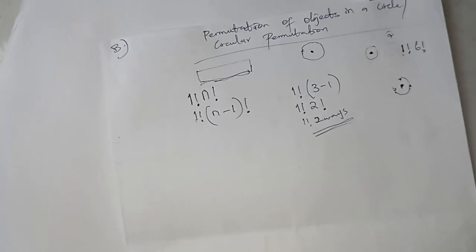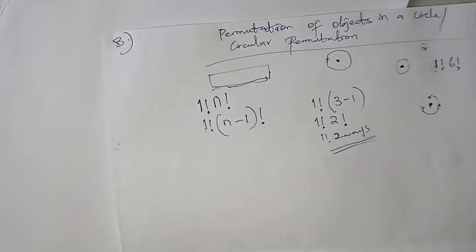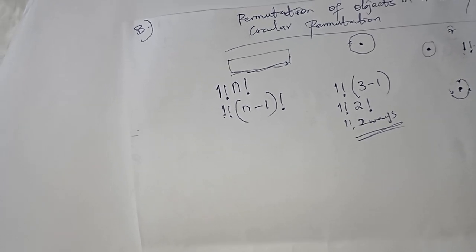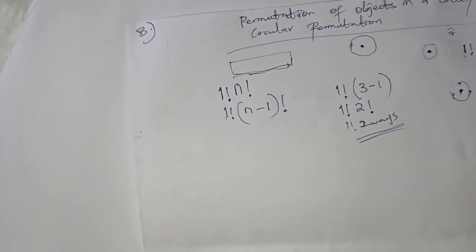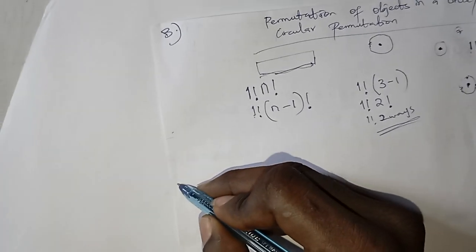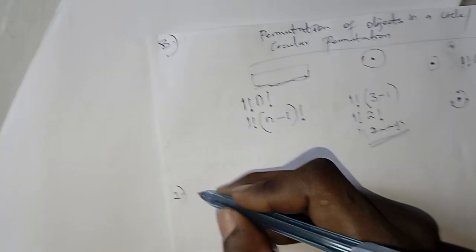Let's say they ask me, in how many ways can 7 girls be arranged round an object that can be turned over?